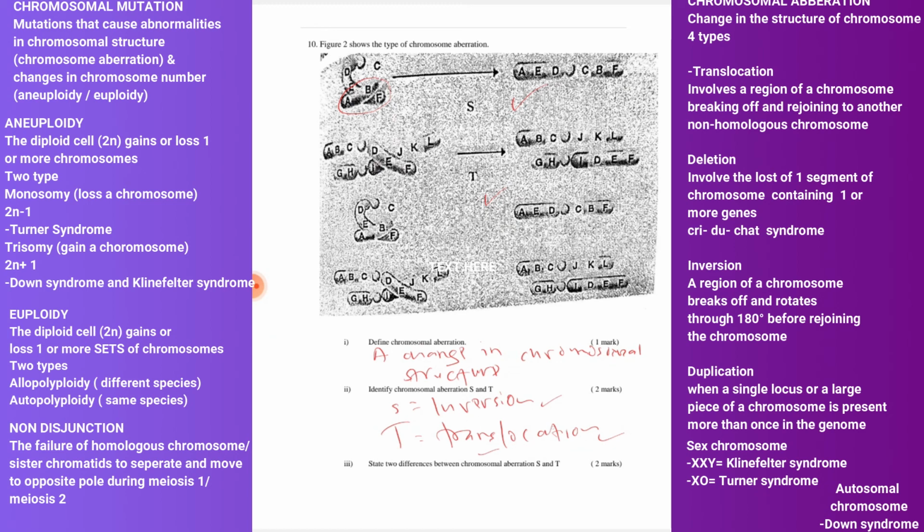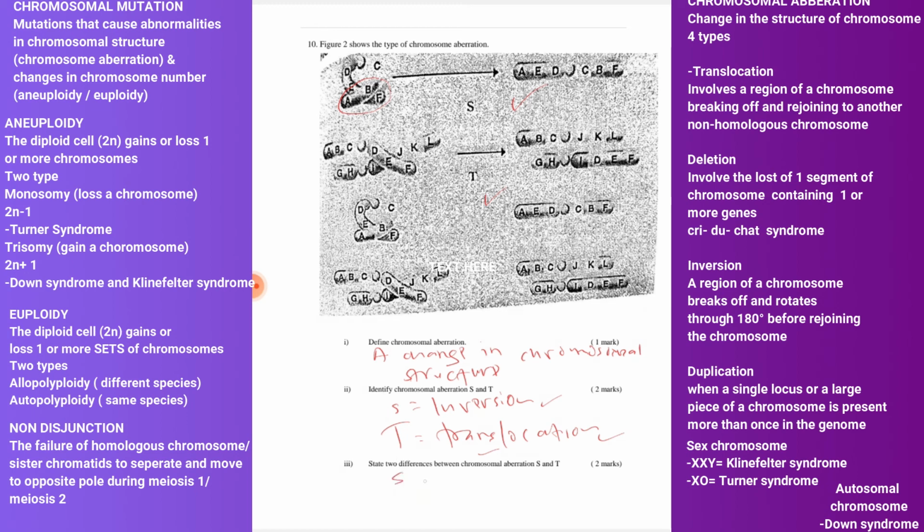For S, after breaking off, it is reattached to the same chromosome, but for T, it breaks off and rejoins to a non-homologous chromosome.